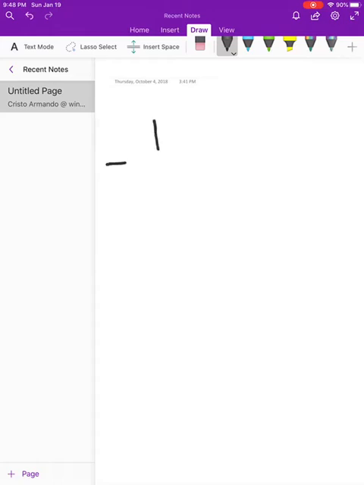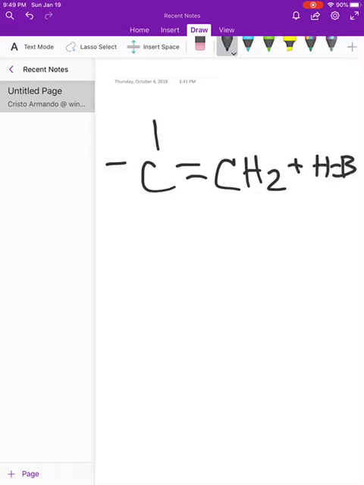Problem number 6 looks like this. Okay, so in this case, the acyl halide is gonna undergo a similar mechanism as before.